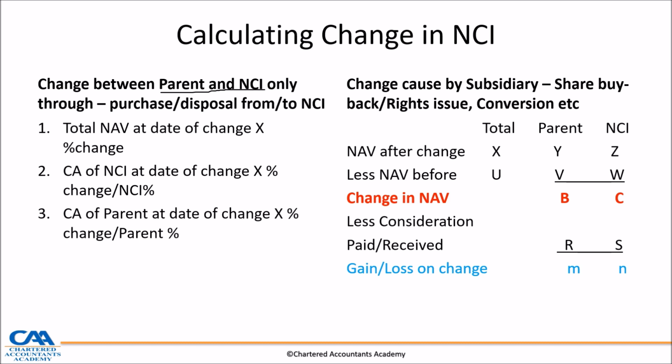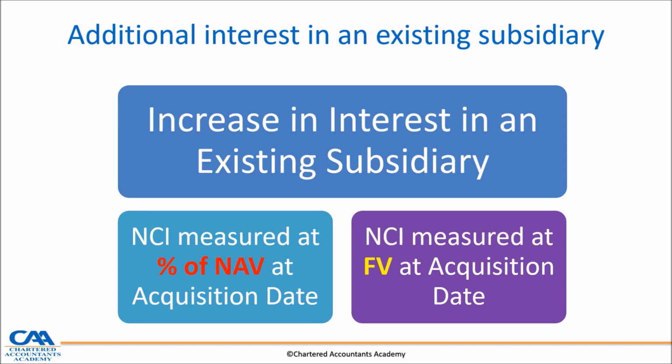Then you find the change in net asset value for parent and for NCI. Then if you compare with the consideration received or paid, you can get your gain or loss on change. It is very important to note these differences. What caused the change? Who is driving the change? How do I calculate?